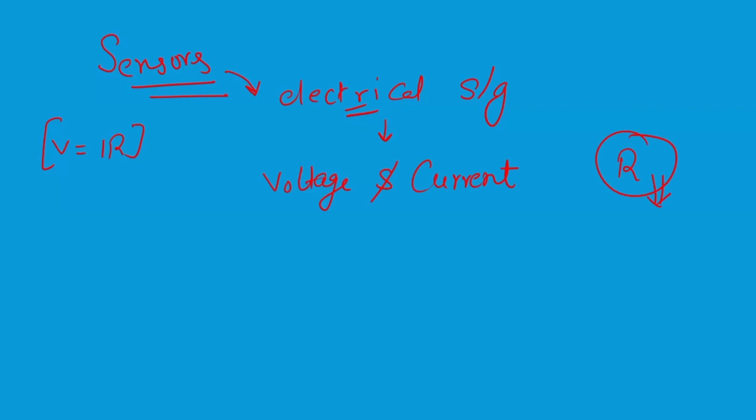In this whole world, any or every sensor is supposed to convert its data in terms of either voltage or current. Just mark my statement with very, very consistent focus. In this world, every sensor converts its data in terms of either voltage or current.